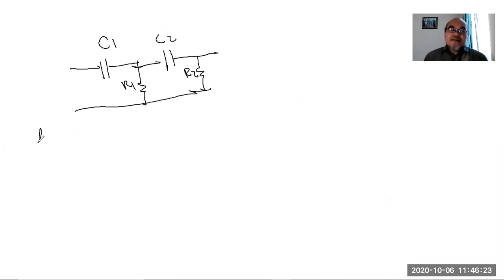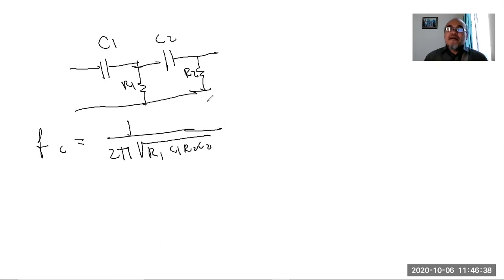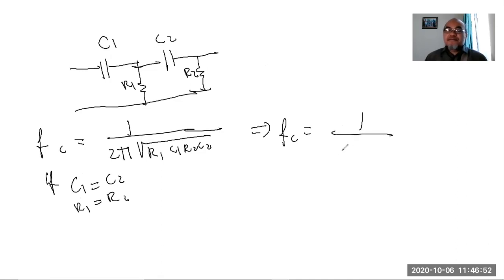Here the cutoff frequency will be equal to 1 over 2 pi square root of R1 C1 R2 C2. If you pick C1 equal to C2 and R1 equal to R2, then this becomes Fc equals 1 over 2 pi R1 C1.